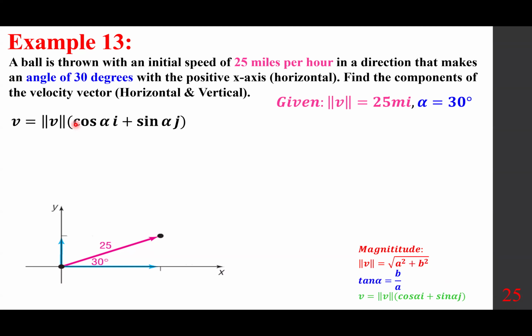So this is 25, and replace the alpha with 30 degrees. Cosine, this is a common arc, so square root of 3 over 2. Sine is 1/2. So 25 square root of 3 over 2 i plus 25 halves j.